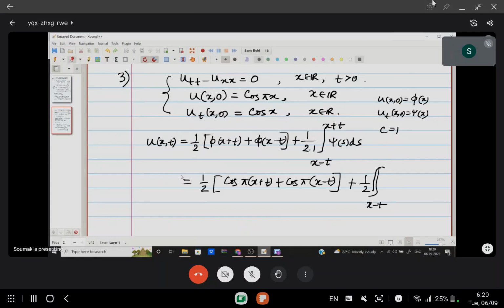Let me write the integral symbol clearly. Psi is cos s, so cos s ds. Okay, is it clear up to this point?